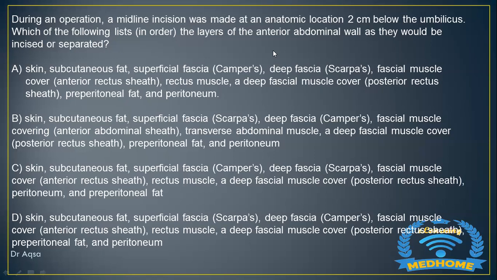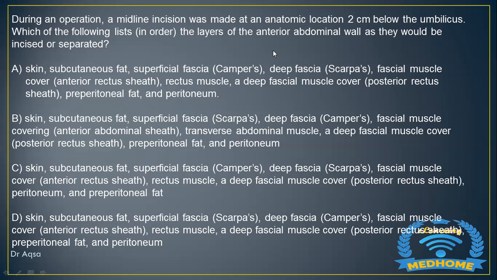Option B: skin, subcutaneous fat, superficial fascia, deep fascia, fascial muscles covering the anterior abdominal wall, transversus abdominis muscle, a deep fascial muscle cover, posterior rectus sheath, pre-peritoneal fat, and peritoneum.